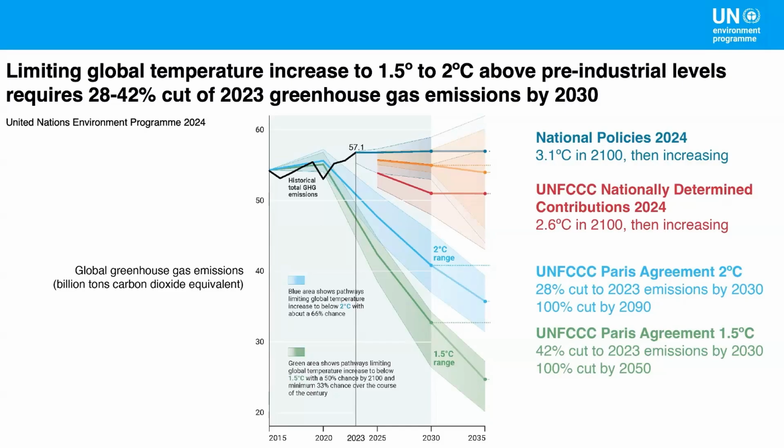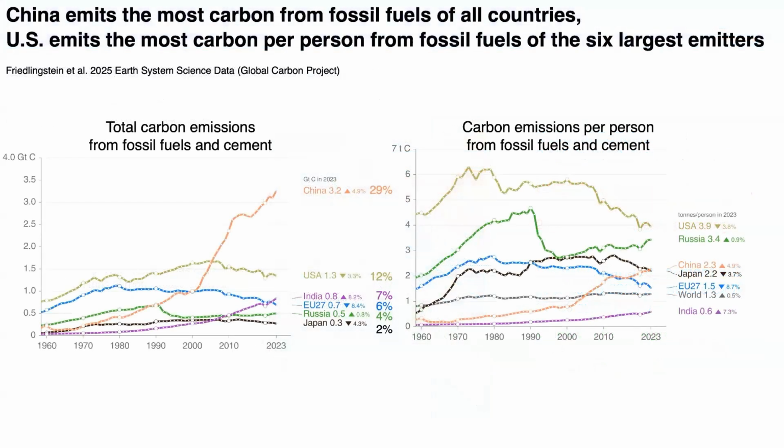So we're moving in the right direction. We're not exactly there. We still need a 42% cut of emissions to hit this net zero goal. And just more on the challenge here, China is the biggest emitter now in the world, but the United States is the biggest emitter per person.